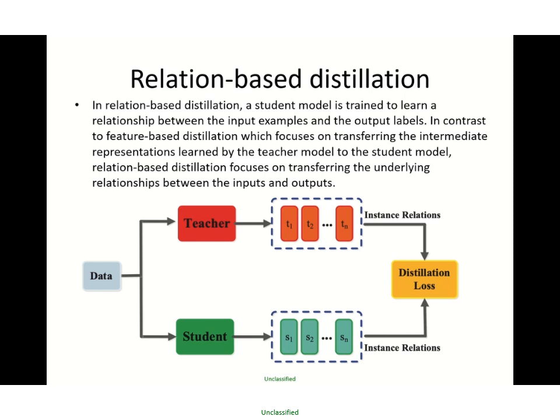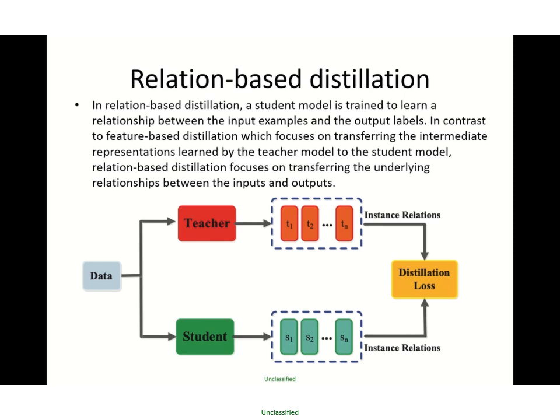From the visualization here, data is fed into the teacher model, and then at different instances the model will pick out relationships between the data in the teacher model and the student model.